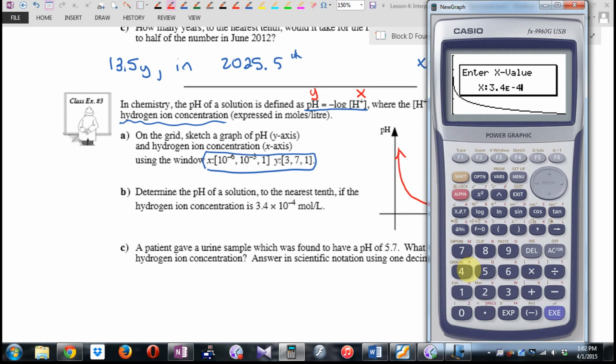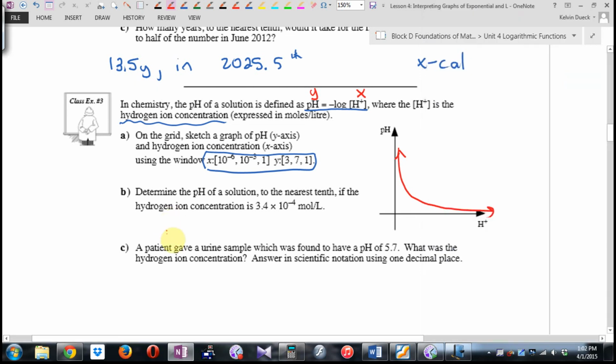Now, I have no idea about molar mass and hydrogen concentrations, but apparently the pH is going to be... 3.5. Sorry, not 3.4, 3.5.